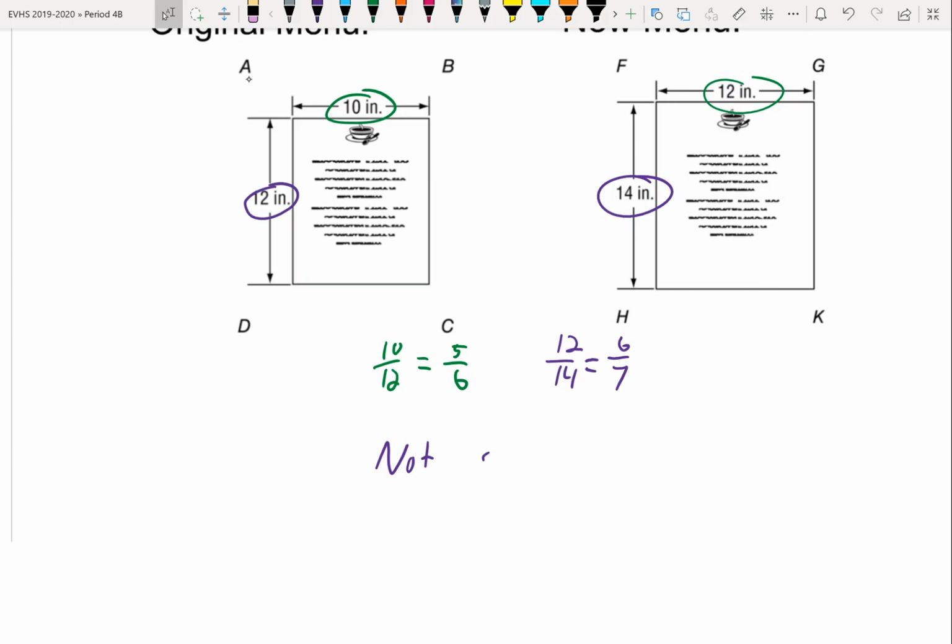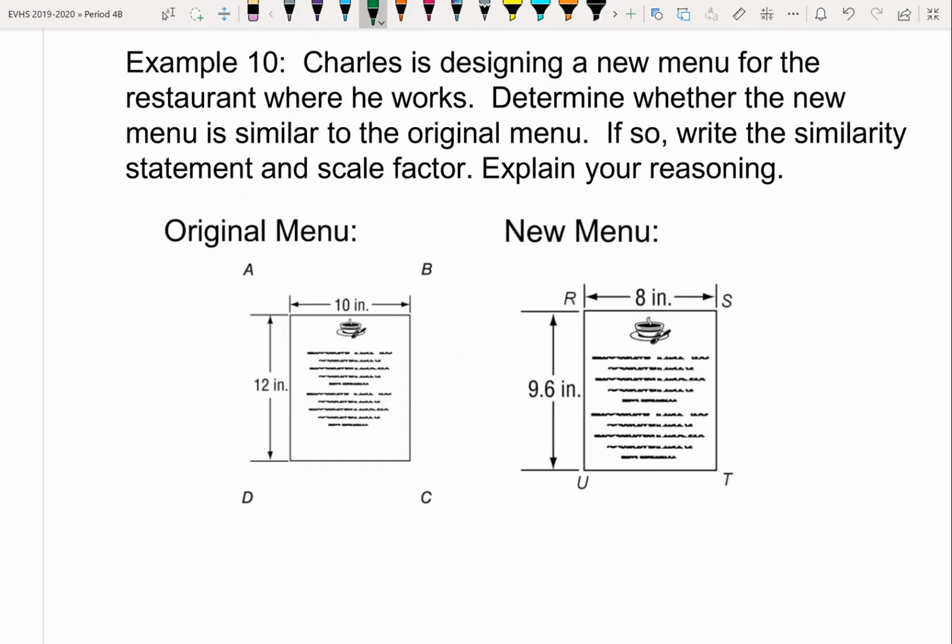Okay, same question, different numbers. You want to take a wild guess what the answer to this one's going to be? Yes. No, it's gonna be no. All right, let's do the same thing. 10 over 8 reduces to 5 over 4.